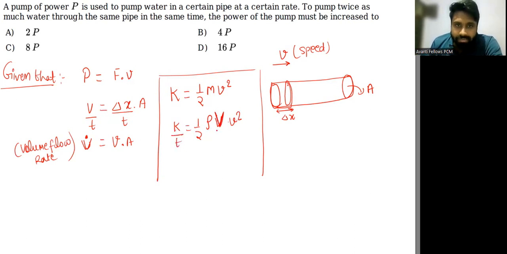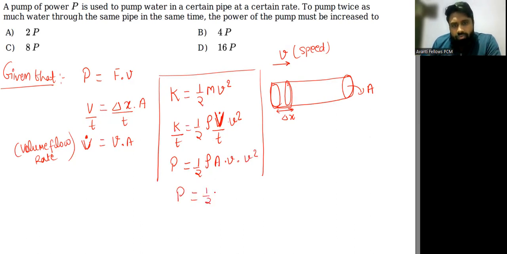If I differentiate it with time t, the kinetic energy per second will directly give you the power. So power is equal to 1 by 2 times the volume by time, which is the volume flow rate, given by velocity into area. So it is rho A into velocity square, and the power is 1 by 2 times rho A v cube.